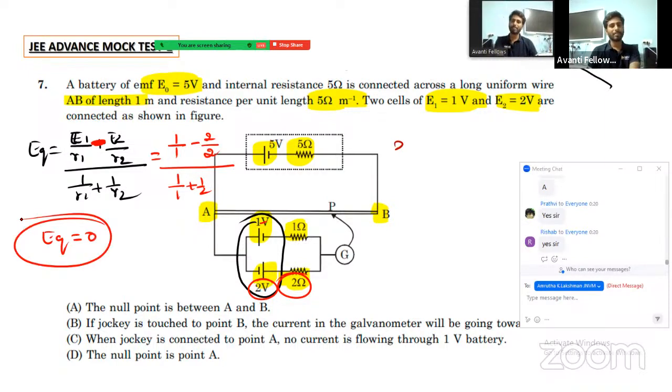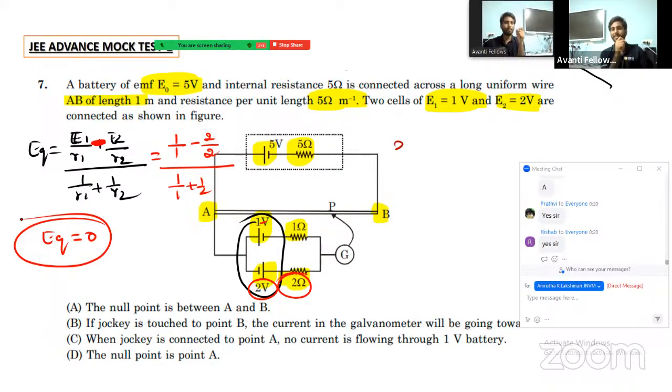Right? मिल गया ना? ये value 0 हो रहा है means potential 0 हो रहा है. Okay. Now tell me, where will the balancing point come? Will it come between A and B? Will you agree with the statement given in option 1? Potential 0 है यार, कहाँ मिलता है आपको balancing point?